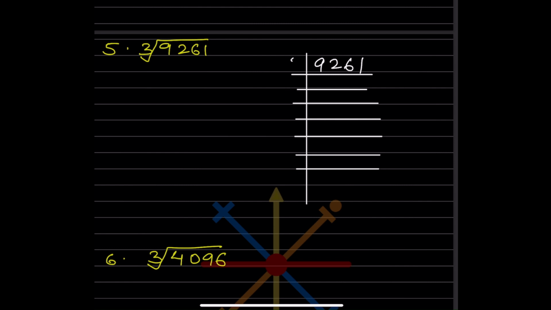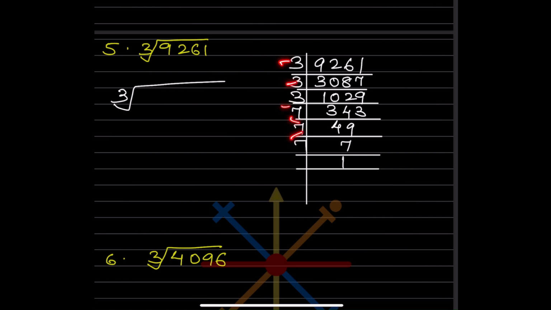So this will go with 3. Again this goes with 3. This again goes with 3. But now this is possible with 7. So what will you write here? All these factors.